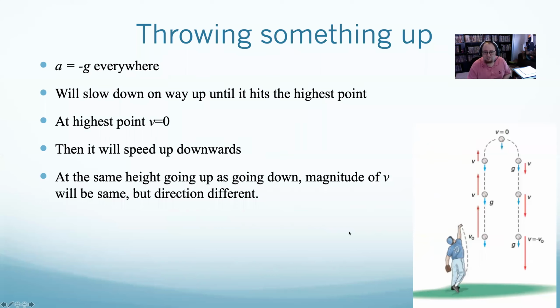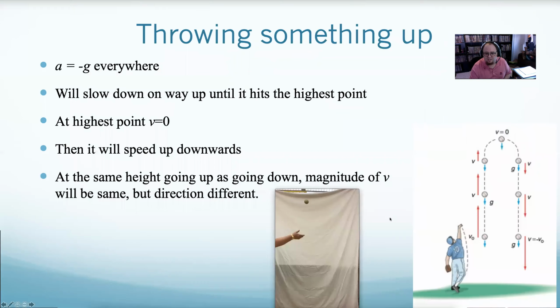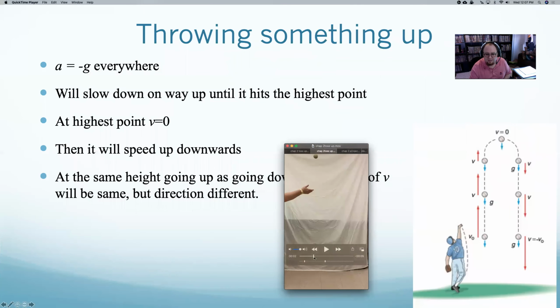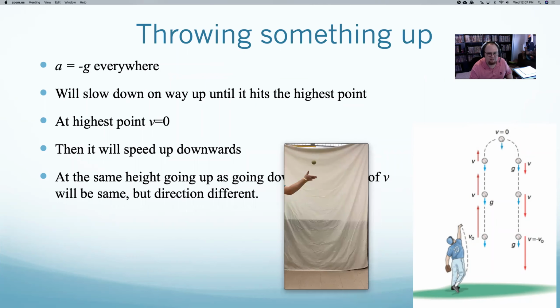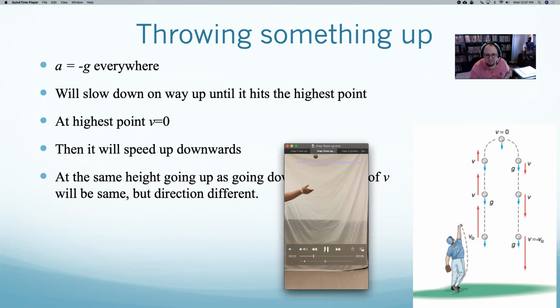At all points, since the acceleration is the same, it becomes a symmetric process. If I take this ball and say, okay, at this point right here, let's say I knew exactly what the velocity is at that point. If I know the velocity at exactly that point, that means I also know the velocity at exactly this point right here.